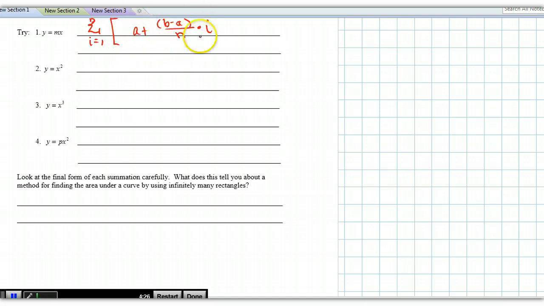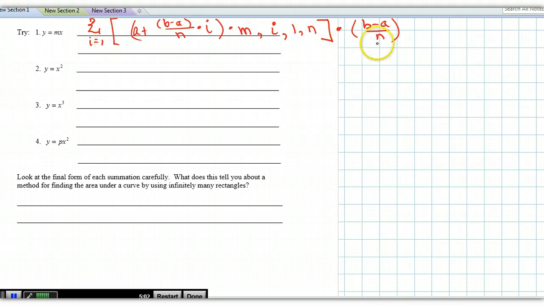We'll have that a plus b minus a over n times i multiplied by m. i is going to go from 1 to n, and then we'll multiply that summation by the width of each rectangle, which is b minus a over n. Again, I'm making sure that I keep this width, b minus a over n, outside of the summation formula so my calculator doesn't bog down.